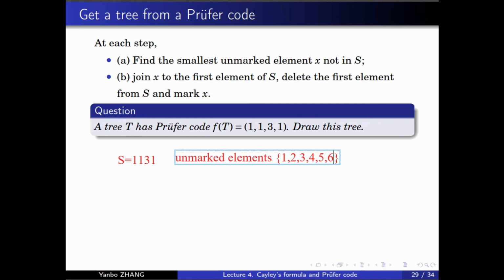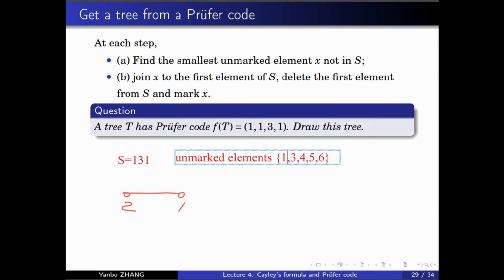All the elements are unmarked. At step number 1, we need to find the smallest unmarked element, which is 2, and join 2 to the first element of S. So we join 2 to 1 and delete the first element from S and mark 2.